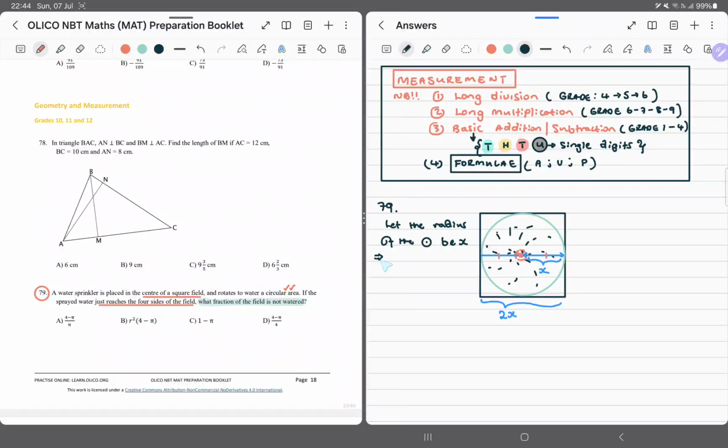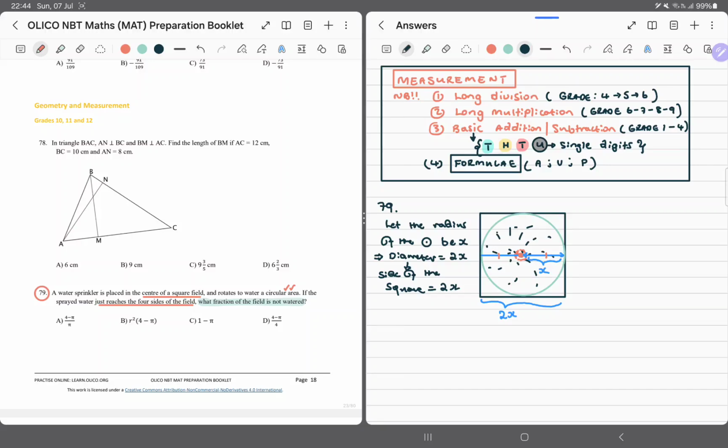This would imply that the diameter is equal to 2x, which would mean the side of the square is also equal to 2x. So this is very important. Always attempt to set up what is necessary.